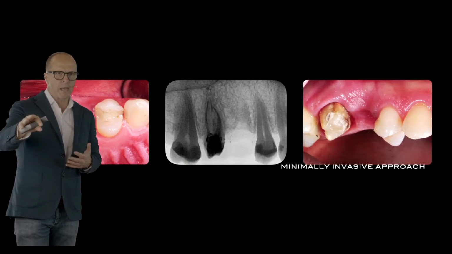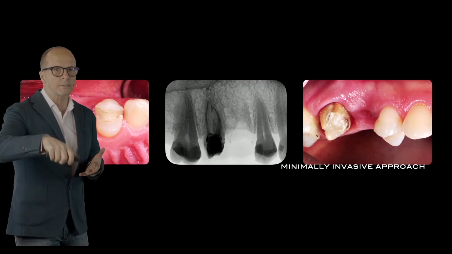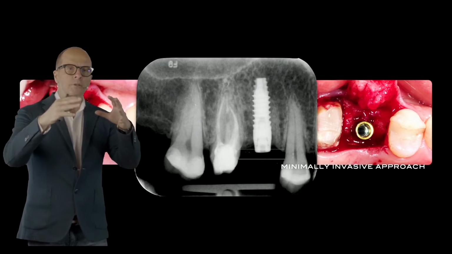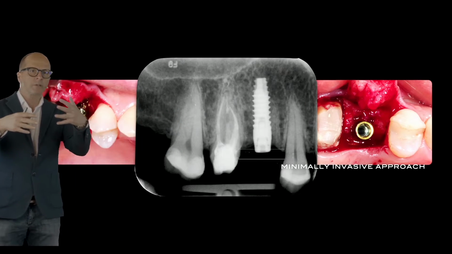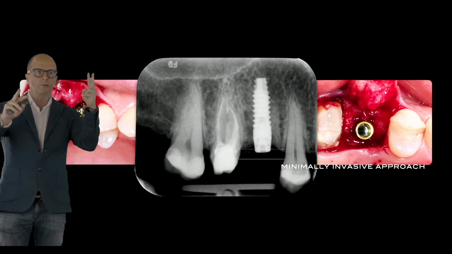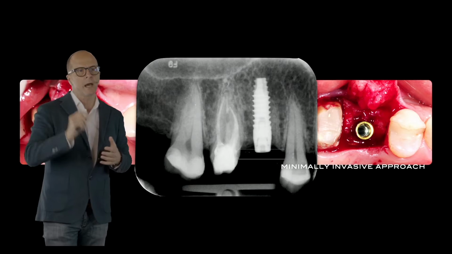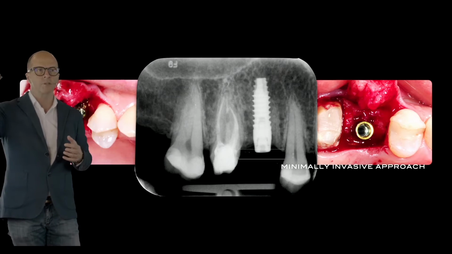I'm going to give you an example. Here we need to place an implant, and as you can see, I have part of the neck which is exposed. But this is what I want, because I'm achieving two different results. One, I'm placing the implant in the ideal 3D positioning, 2 to 4 millimeters from the ideal gingival level.